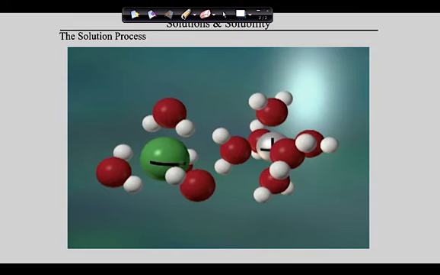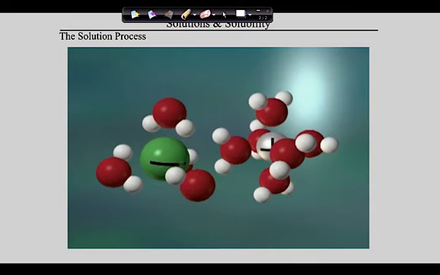Remember the term that you learned, solvation is the surrounding of solute particles by solvent particles. But because these solvent particles are water, we don't just call it solvation, we call it hydration. Do you now understand how these terms apply to the process?